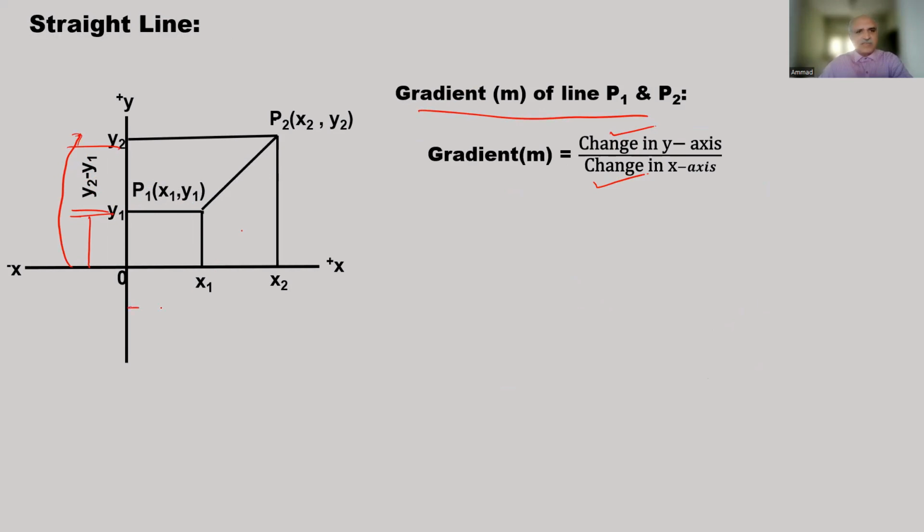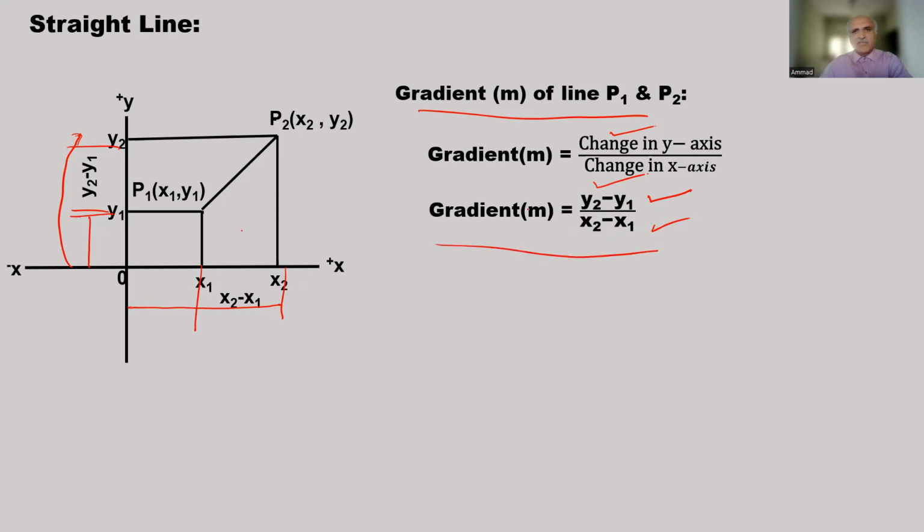Similarly, in the x-axis, this distance is x2 and this is x1, so it becomes x2 minus x1. So we can write change in y over change in x. We can use this formula to find the slope of any line when two points are given.